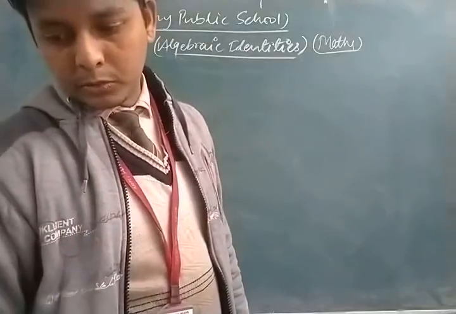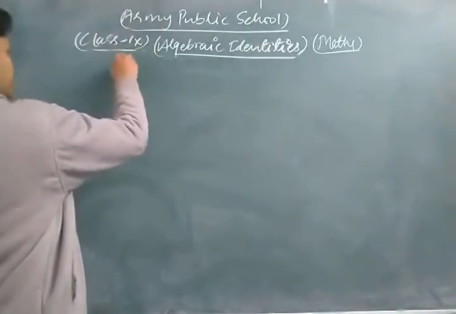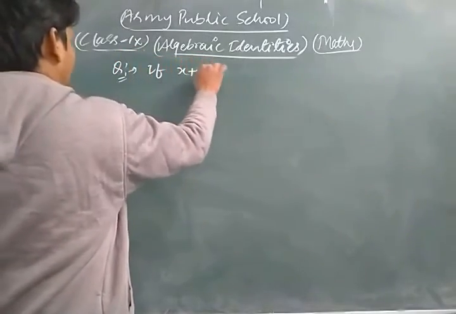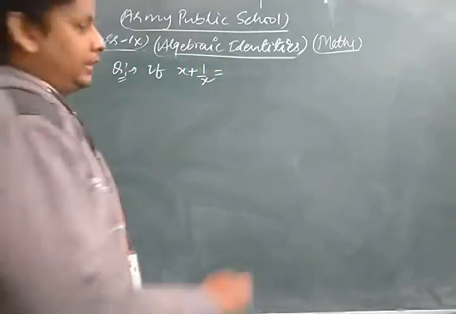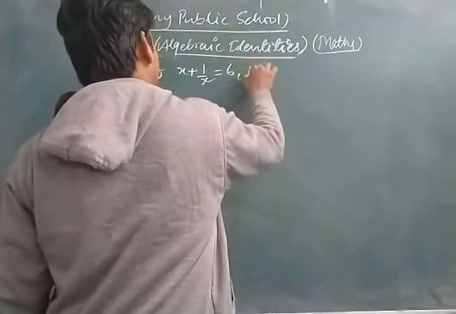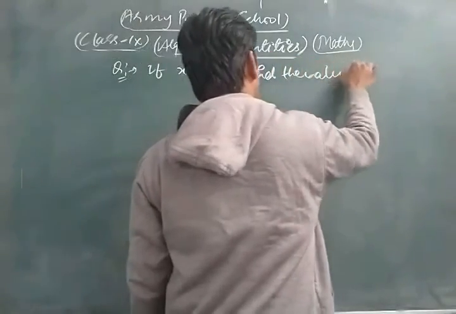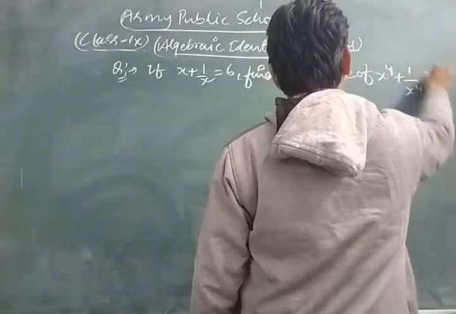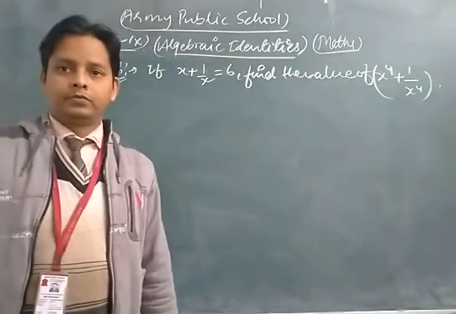Now look, we take some important question. If x plus 1 upon x is equal to 6, find the value of x to the power 4 plus 1 upon x to the power 4.